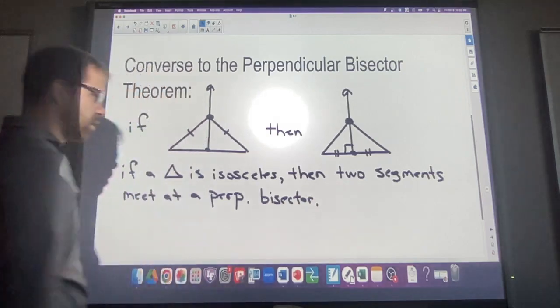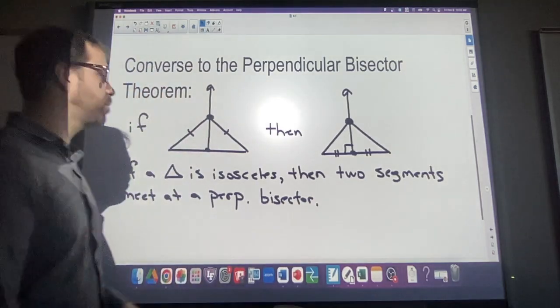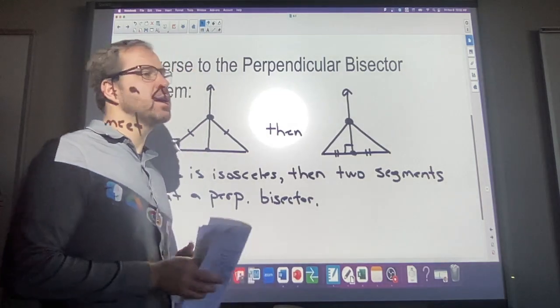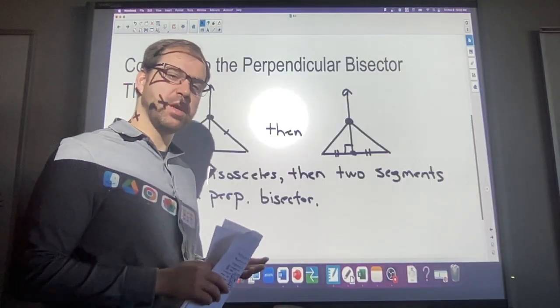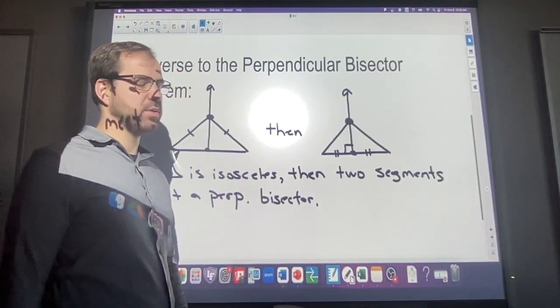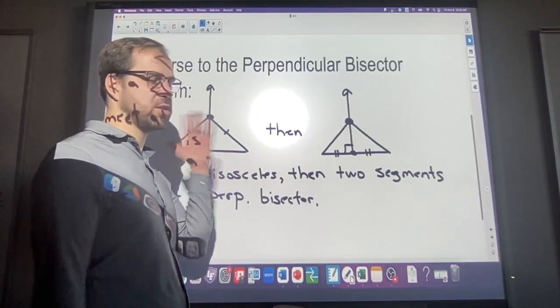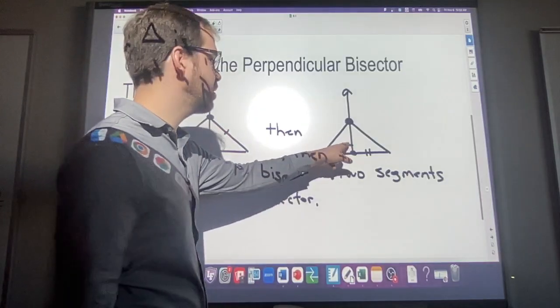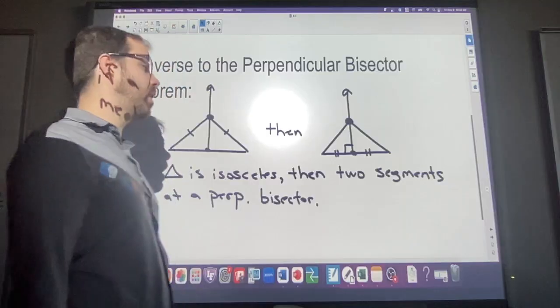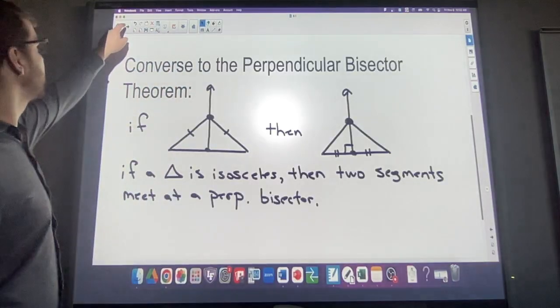Very good. Okay, so the problems you get with this aren't crazy. They're just going to test to see if you know it and just have you solve some simple equations based on this fact here, right? If it's a perpendicular bisector, well, you can set these two equal because it's isosceles. All right, let's look here.